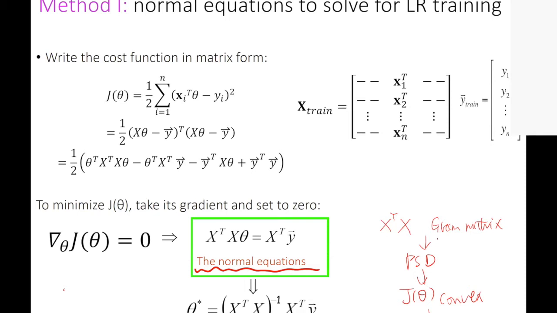Gram matrices are in general positive semi-definite. When the Hessian of a function is positive semi-definite, the function is convex. So it's very simple for us to directly set the gradient to 0, and that gives us a unique solution, theta star. If you do not understand it, that's okay, but I want to introduce it a bit for those students who want to learn more.